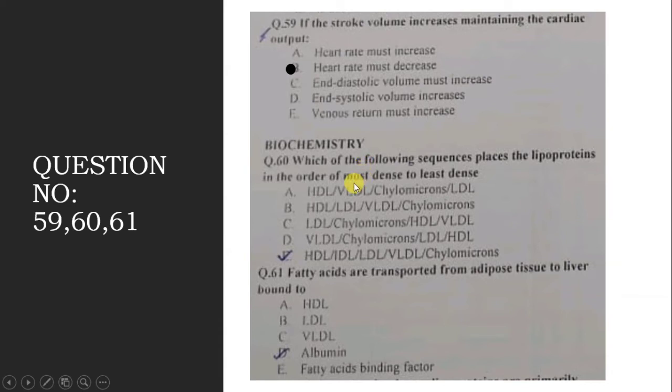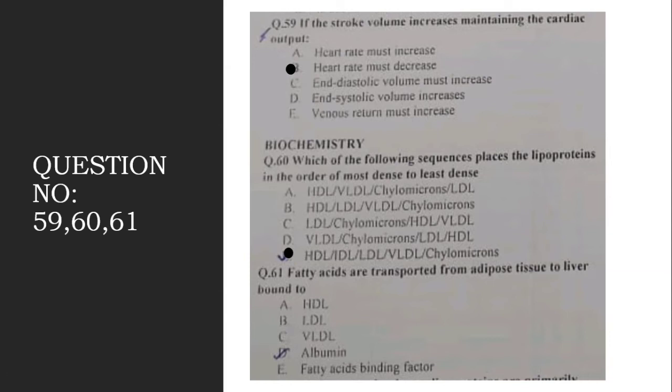When we look at the lipoproteins, the most dense are the high density lipoproteins, as the name indicates. The others are the intermediate density lipoproteins, then the low density lipoprotein, then the very low density lipoprotein, and the chylomicrons are basically the least dense lipoproteins. Option D is correct.